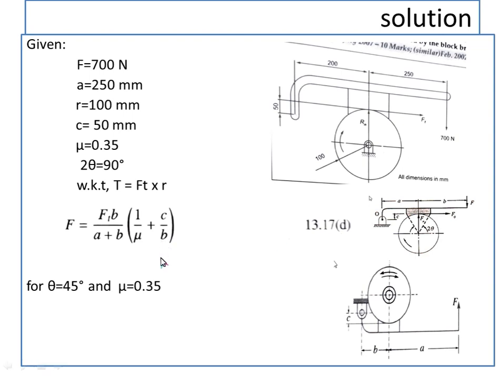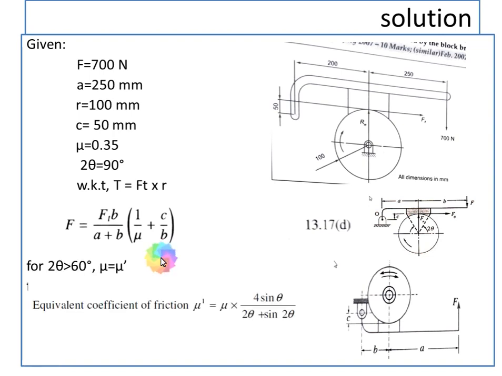The most important thing here is that the contact angle is given as 90. Whenever 2 theta, the contact angle, is greater than 60 degrees, we can assume that the unit pressure is normal to the surface of contact, and the pressure is less at the ends than at the center of the drum.